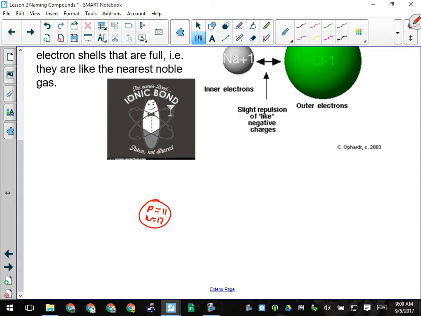Now, the way that Bohr diagrammed this, and actually Bohr was right about the energy levels, he just wasn't right about the shapes, he said the first orbital can hold 2 electrons because it's small. The electrons don't want to be close together because they repel each other. The next orbital out can hold 8 electrons. So they fill up like this.